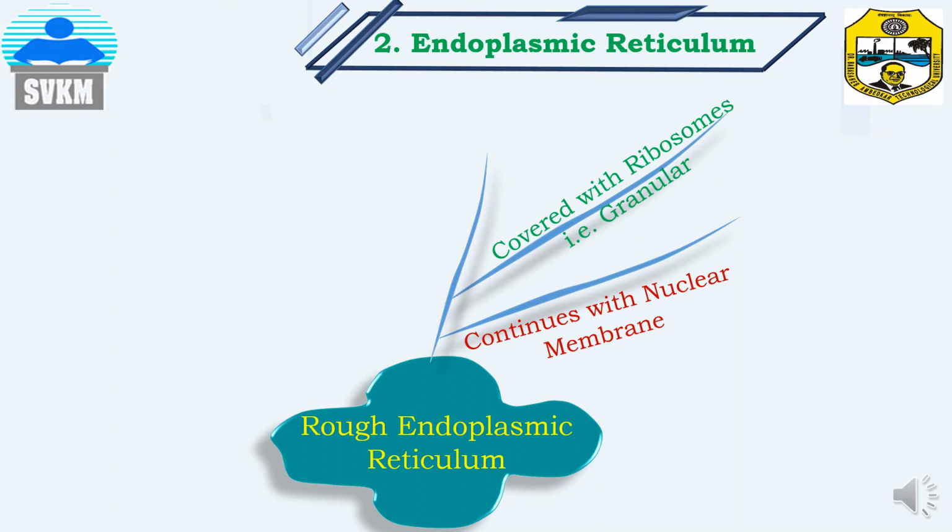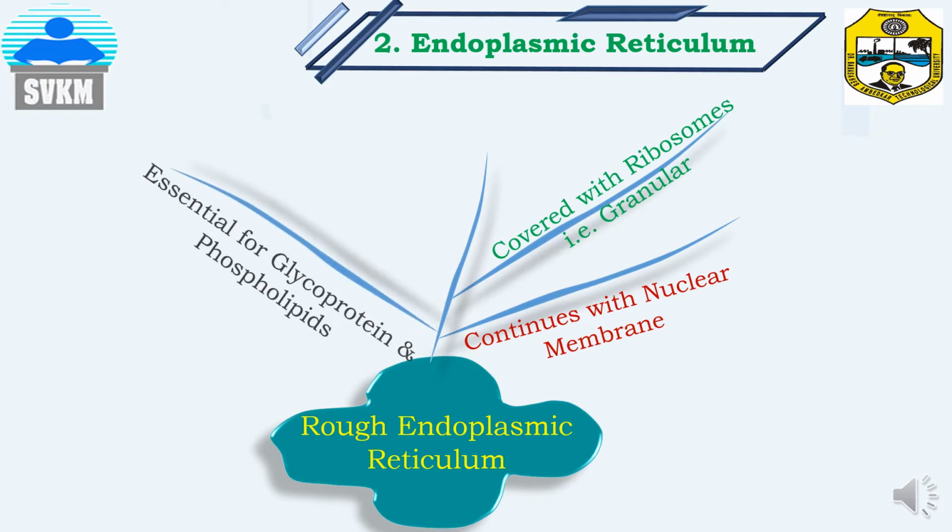That is why the rough endoplasmic reticulum is called granular endoplasmic reticulum. Second point, it also plays a vital role in the synthesis of glycoproteins and phospholipids. Already I told that it is considered a site for protein synthesis. That is why it is granular in nature.